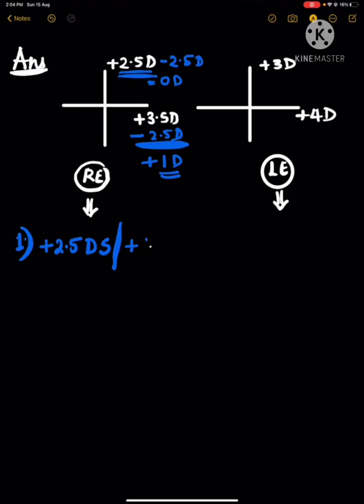Plus 1 diopter cylinder, if it is acting in this meridian, the axis of the cylinder is perpendicular to it. So this is 180, then I'll write 90 here. Done. Shall we do the same thing for the left eye?